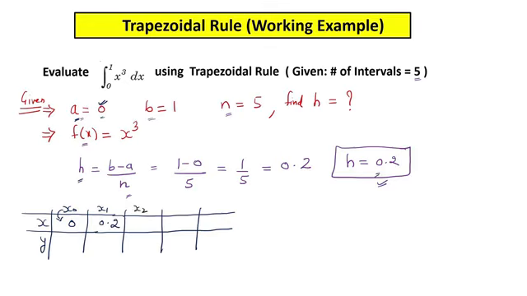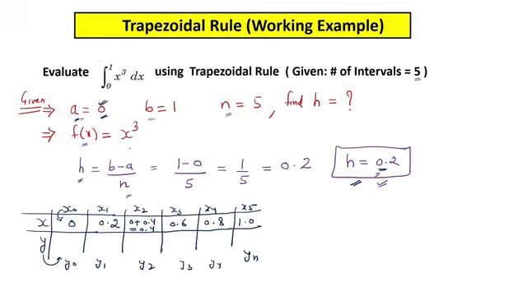Now x2 will be the initial value of a, that is 0, plus 2 into h, that is we add h two times, so it will be 0.4, and so on. If we find the other values, we can easily find them. These are the other values of x, all in gaps of 0.2, that is the interval size. Now we have to find the various values of y, that is y0 to yn. So how can we find these values?